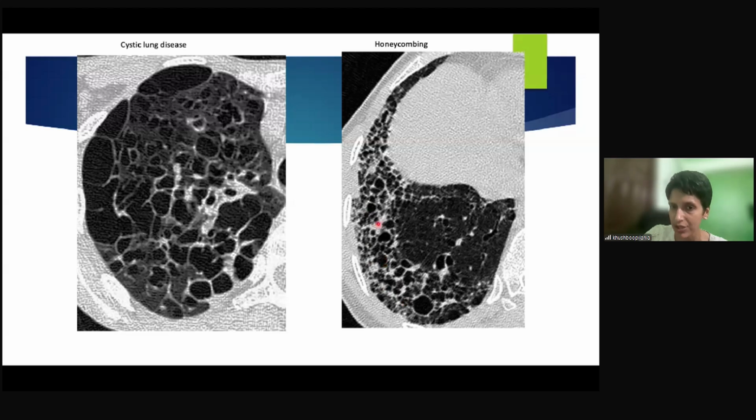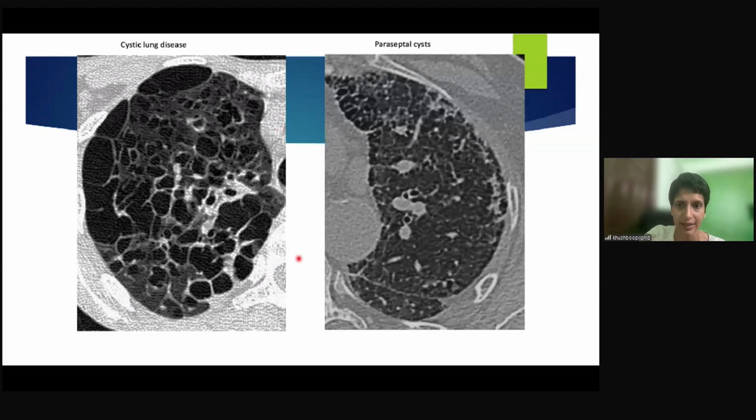They have architectural distortion. As I said, true cystic lung disease does not share walls. So you need to be very particular about differentiating a cystic lung disease from honeycombing, because honeycombing is seen with fibrosing interstitial lung disease, the UIP, IPF category, whereas cystic lung disease is altogether a different category.